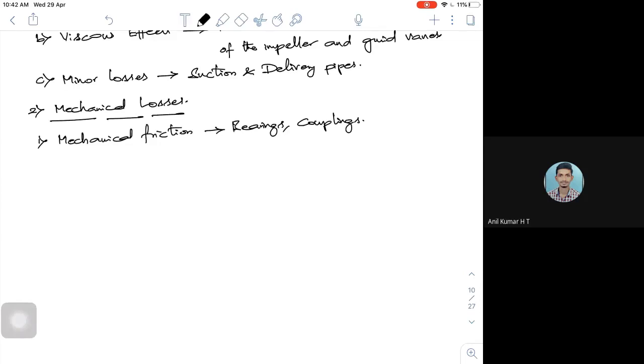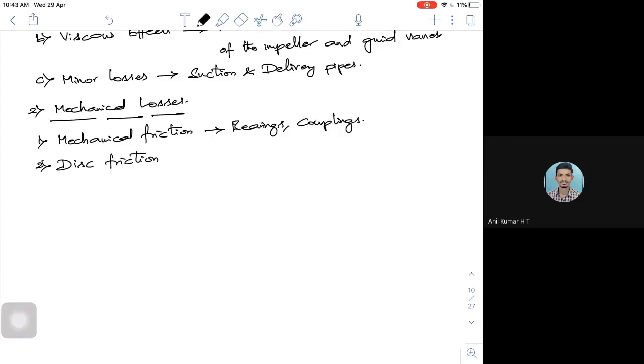And sometimes if you go for multiple centrifugal pumps, we have something called discs, from one disc to another, say stator to rotor. There is a disc friction which is purely mechanical.